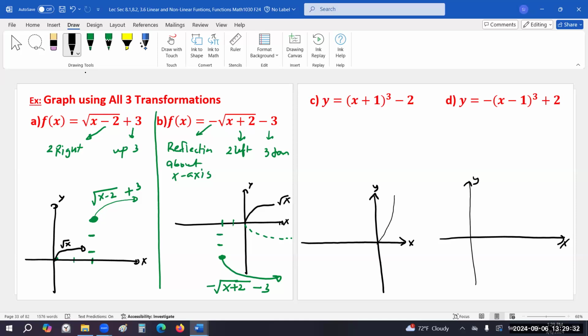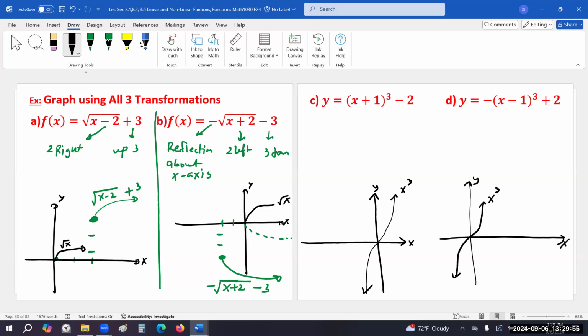So this is the original cubic. How do I know the original function is cubic? Because of the power. The power is 3.